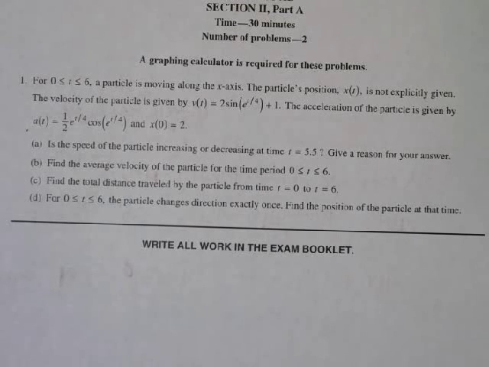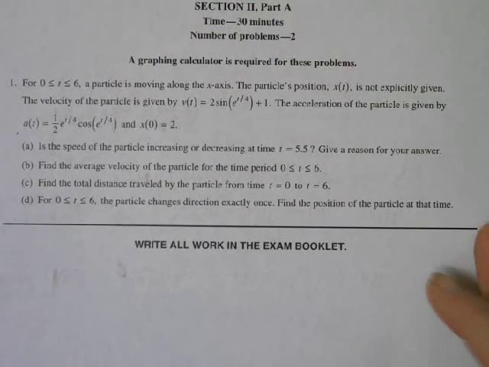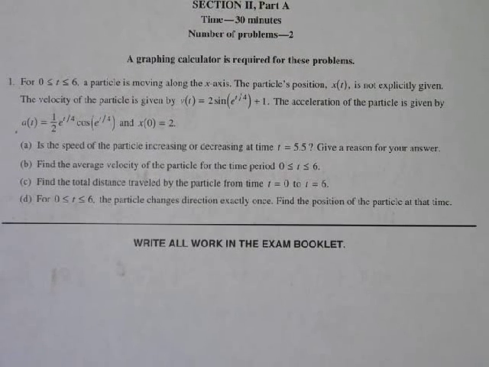The velocity equation says 2 sine e to the t over 4 plus 1, and we're plugging in 5.5 for t. Yep. So that's just the velocity equation with 5.5 plugged in for t.